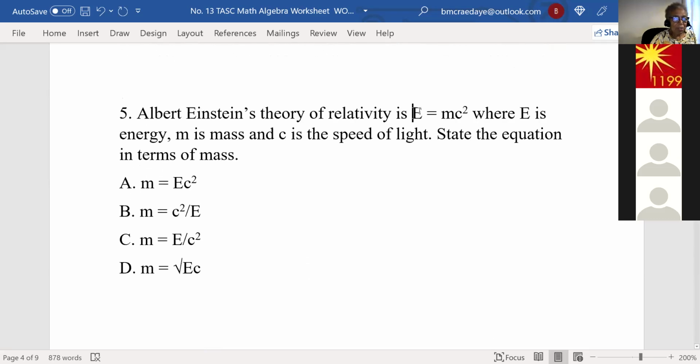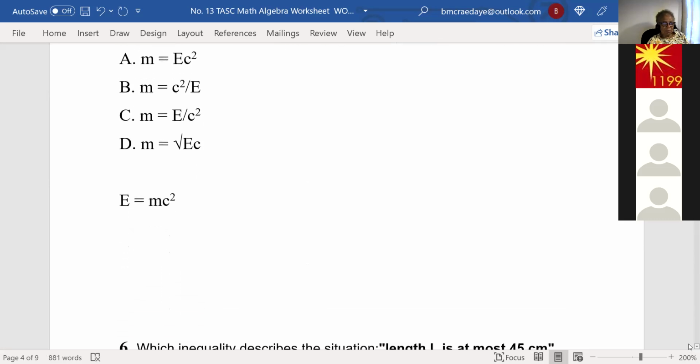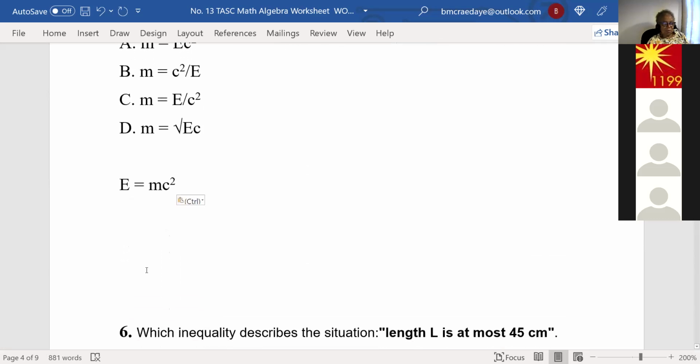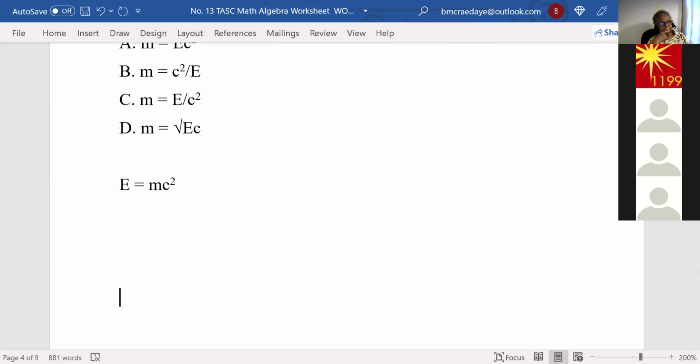Here is the equation: energy equals mass times the speed squared. Vanessa, how would you solve for M?